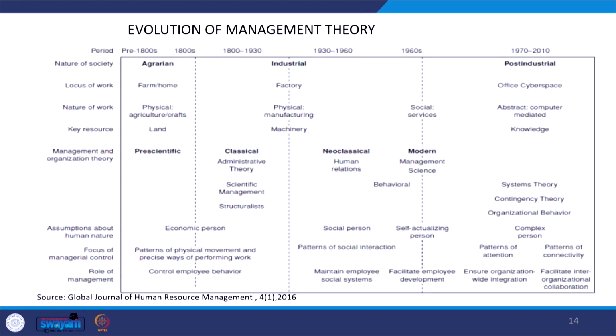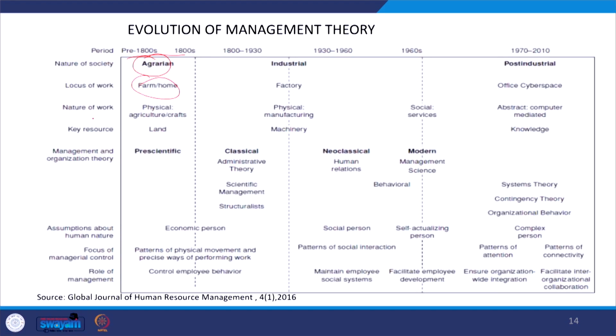So, the evolution of management theory started with the 1800s and goes to 2010 and forward. There have been prime focus areas in the entire evolution, with the nature of society being agrarian in the pre-1800s or 1800s time period. In the agrarian society, the locus of work was farm and home.